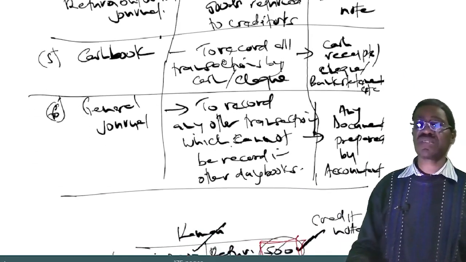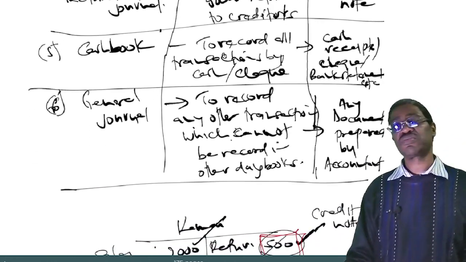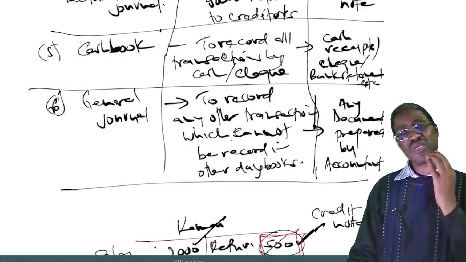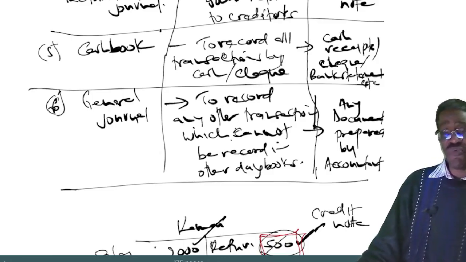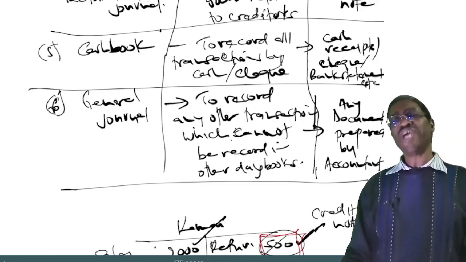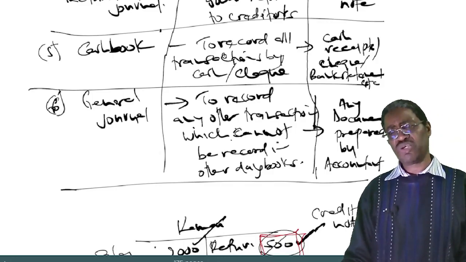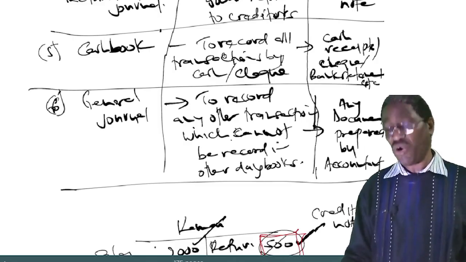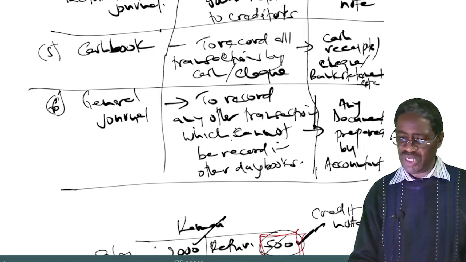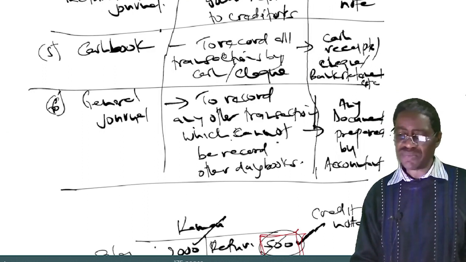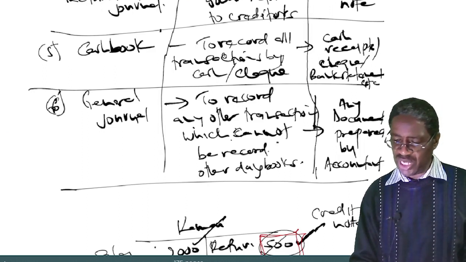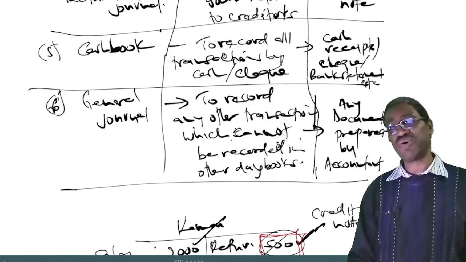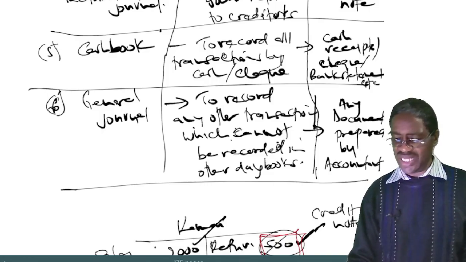Number 6, general journal. Then the second column, to record any other transaction which cannot be recorded in any other daybook.